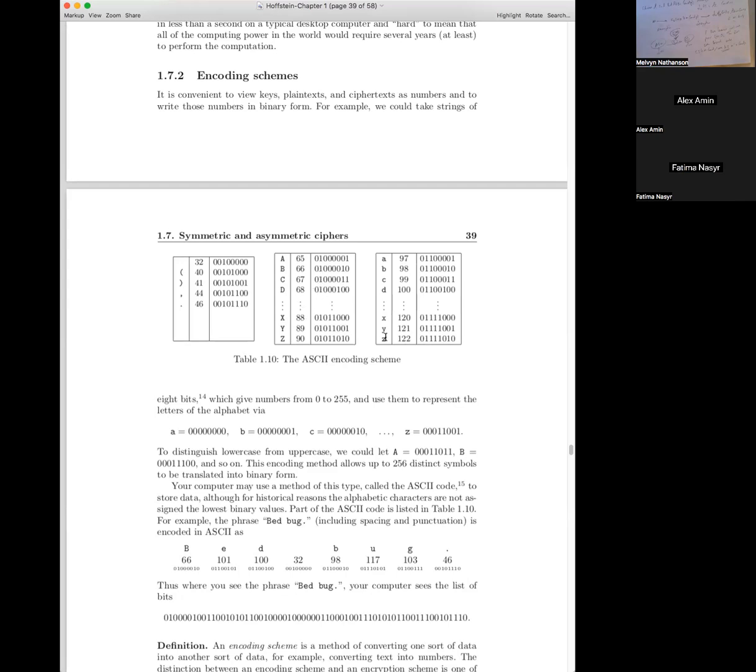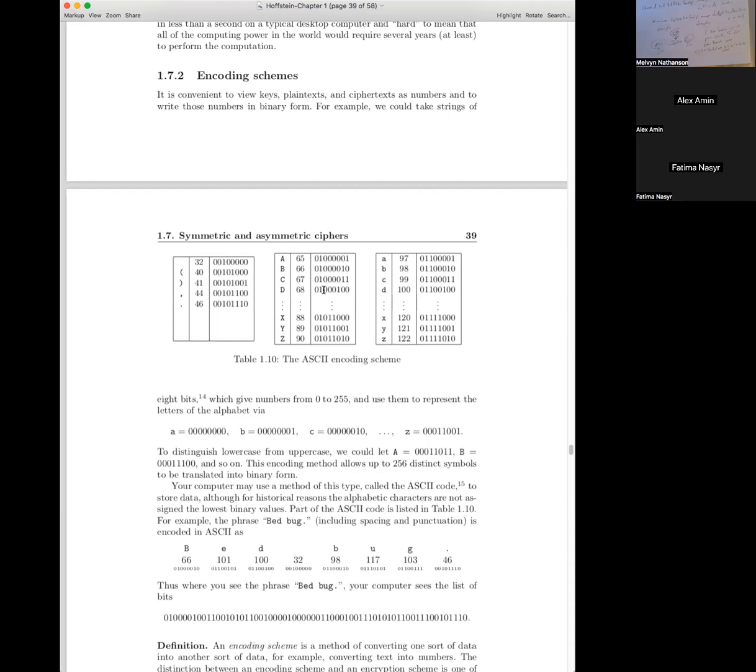Every number up to 122 certainly can be written as an 8-bit binary number. A string of 8 zeros and ones is called a byte, B-Y-T-E. Here are the numerical values for space, parentheses, apostrophe, and dot.